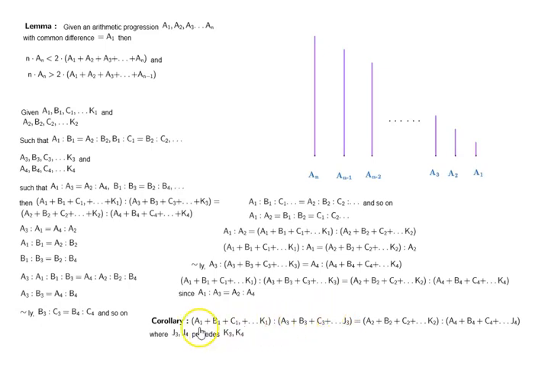So, which means a1 plus b1 plus c1 plus ... k1 is to a3 plus b3 plus c3 plus ... j3, where j3 is the previous term of k3, is equal to a2 plus b2 plus c2 plus ... k2 is to a4 plus b4 plus c4 plus ... j4, where j3 and j4 precede k3 and k4. That is proposition number 1 of On Conoids and Spheroids.